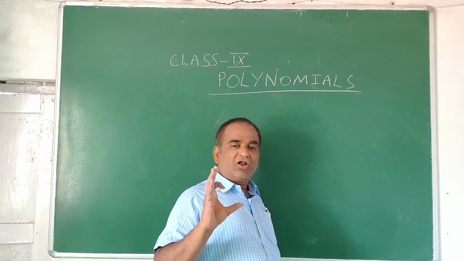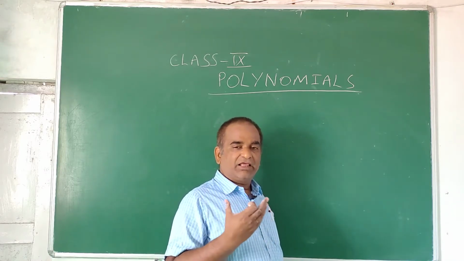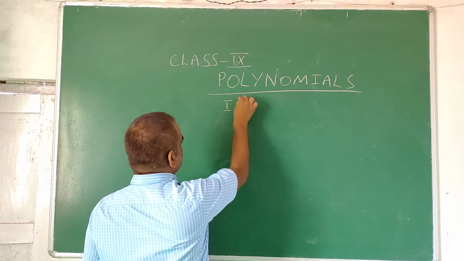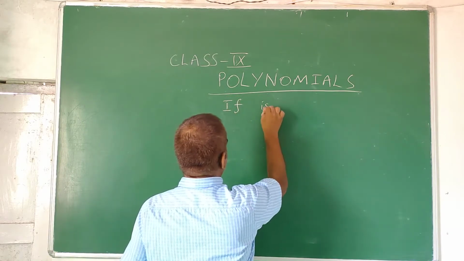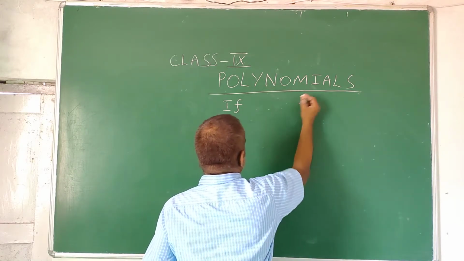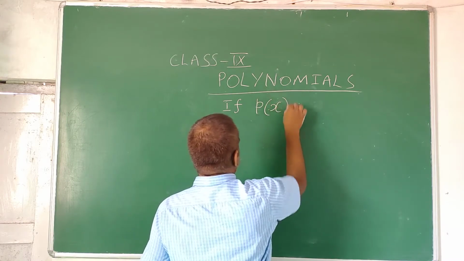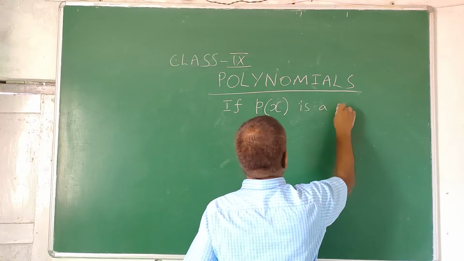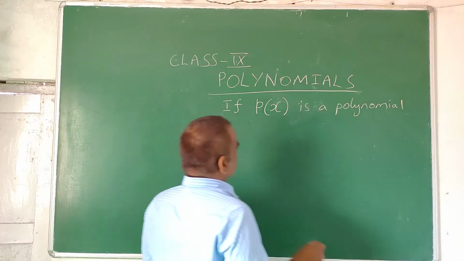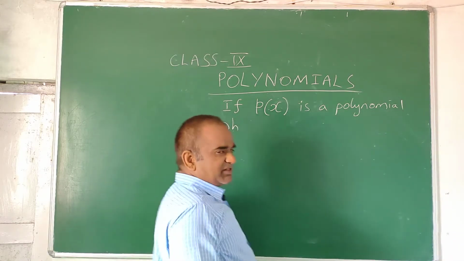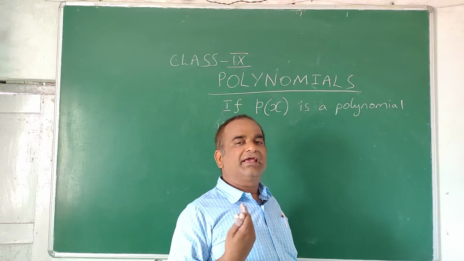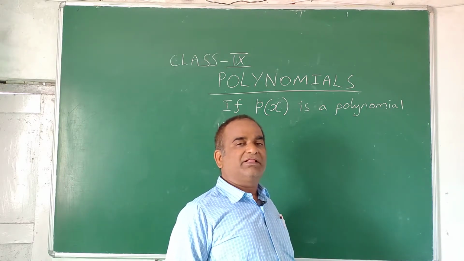See, what is division algorithm of polynomials? Here I am writing on the board. Clearly you see, if p of x is a polynomial whose degree, means already we have discussed, the highest power of the variable appearing among all terms in the polynomial.